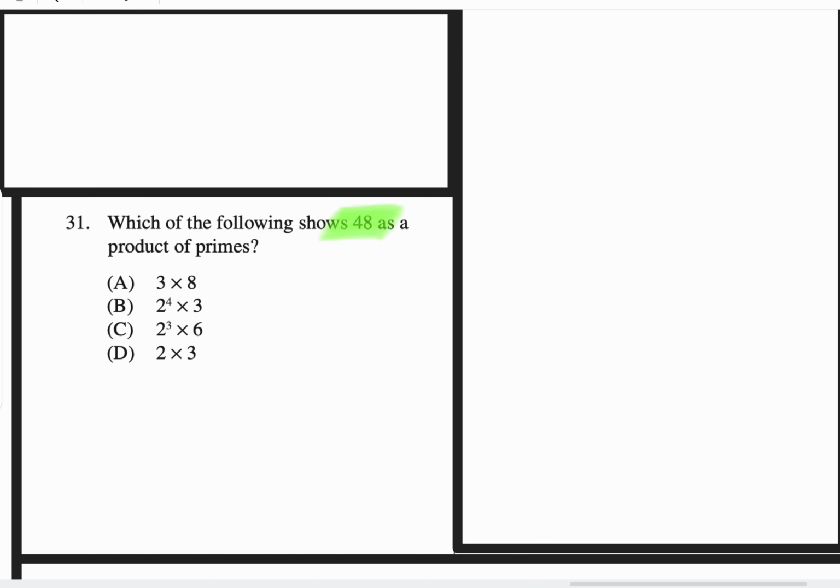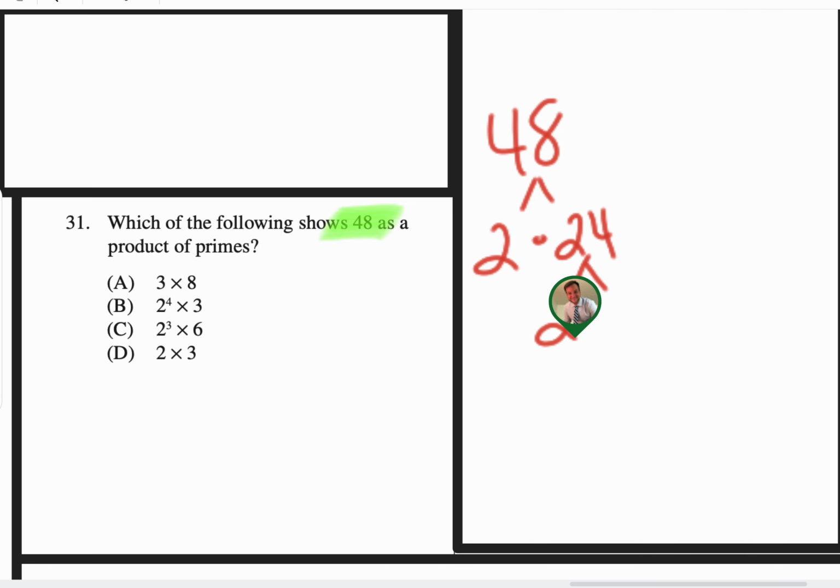We'll begin with 48. Two times 24. 2 times 12. 2 times 6. 2 times 3.